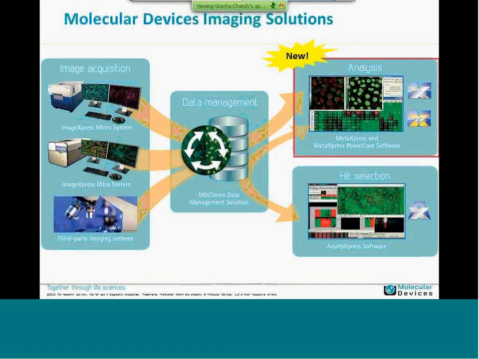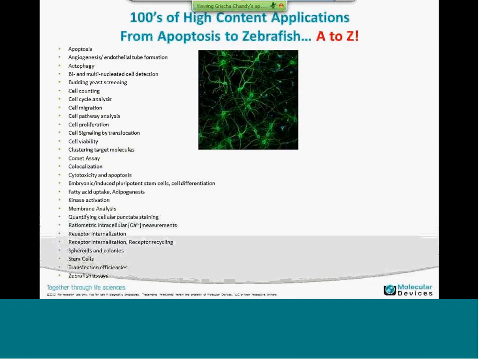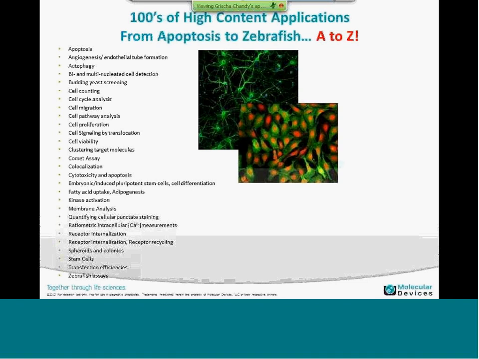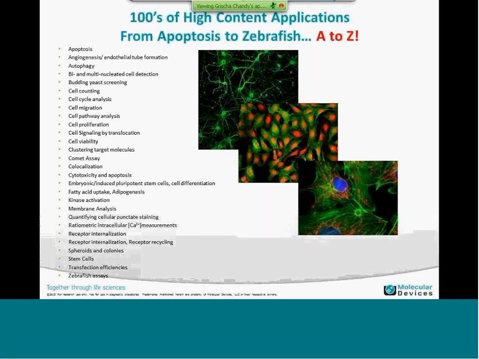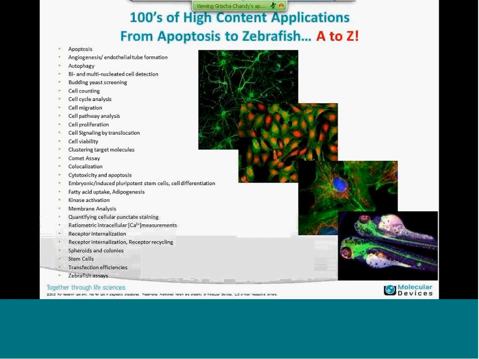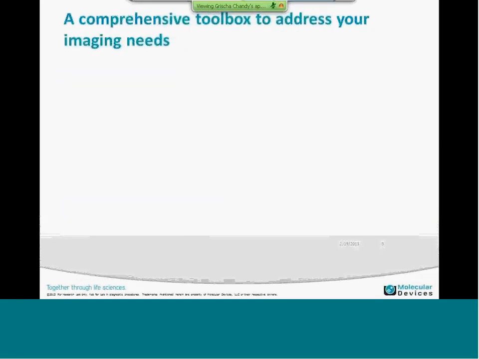Let me start with a little about what you can do in MetaXpress. That will introduce what Paula will show you later. There are high content applications all the way from apoptosis to zebra fish, so we can address these applications from A to Z. There's a long list of things that need addressing in high content screening.